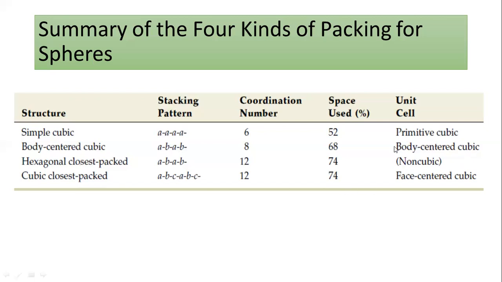Or in other words, when there is a face centered cubic unit cell, the packing of the spheres or atoms in a crystal system would be cubic closest packing. So this is all about our today's lecture.